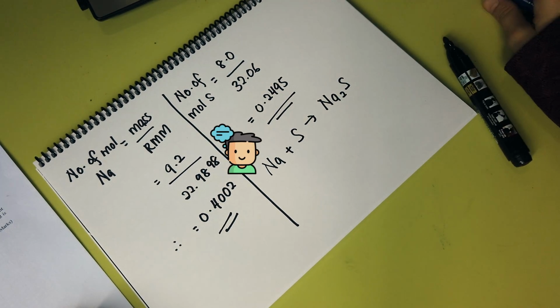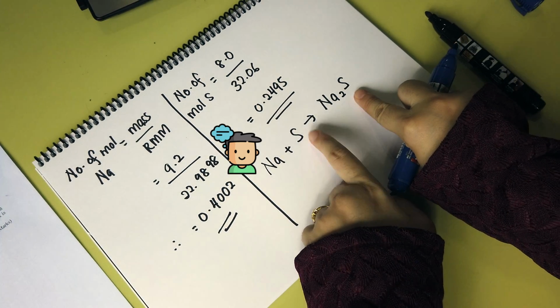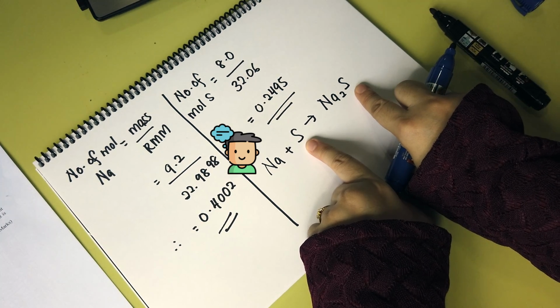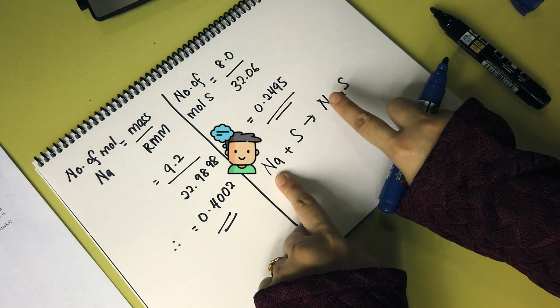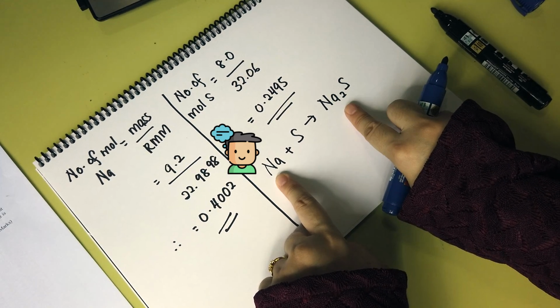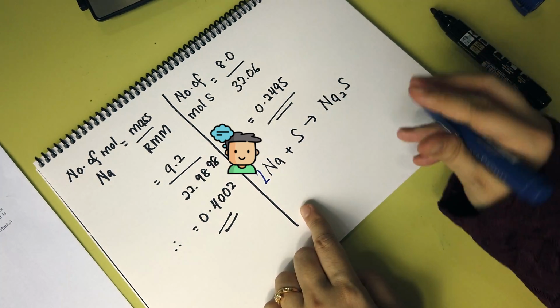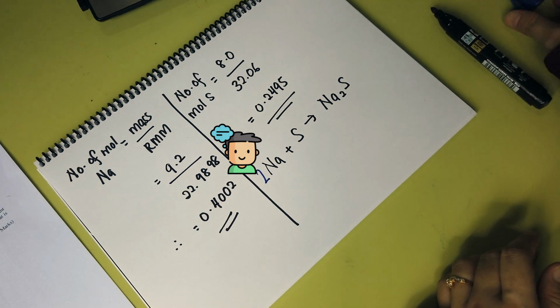So how are you going to balance this equation? Look at S. In the reactant they have 1, in the product they have 1. It's balanced already. But sodium in the product you have 2, so definitely you need to put 2 over here. So we consider this as a balanced equation.